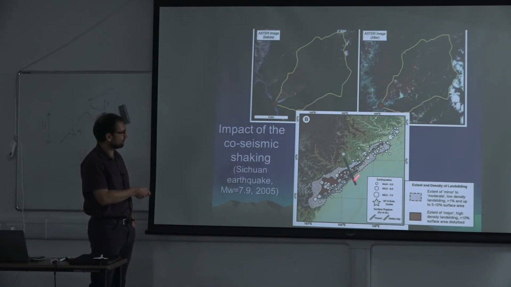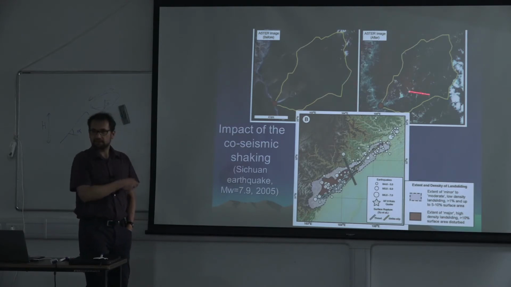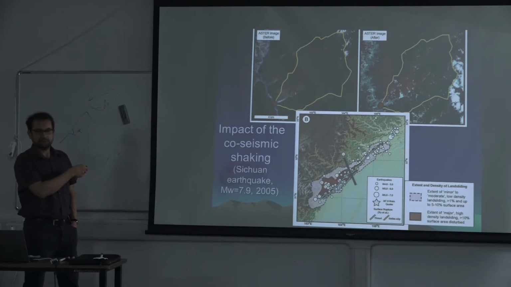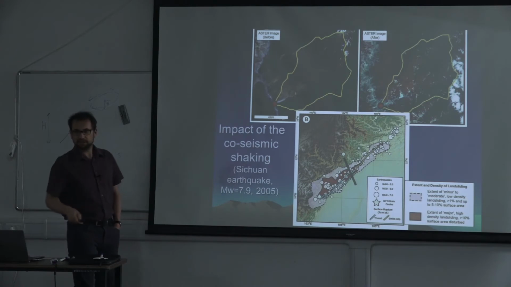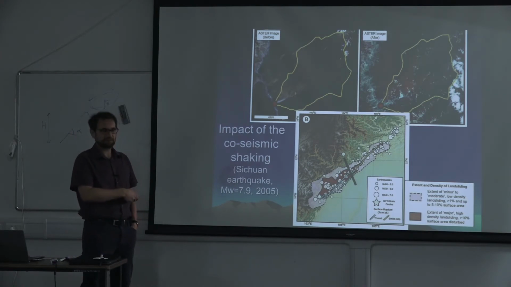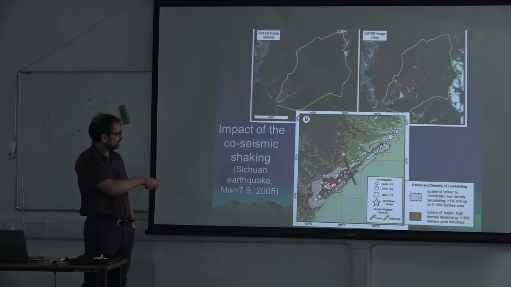If you don't know that there was an earthquake in 2005 and you have just access because you are living in space, so you don't know exactly what's going on on Earth in terms of earthquakes, but you can see from far away the occurrence of landslides. So in that way, you see a higher density of landslides along this mountain front.